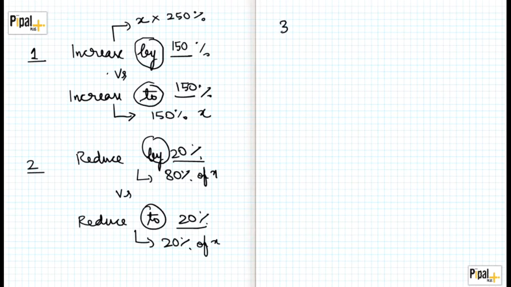The third ambiguity that we very commonly face, and that too in the language, is that there may be a question like this. Let's say I am using 10% of my salary on rent.